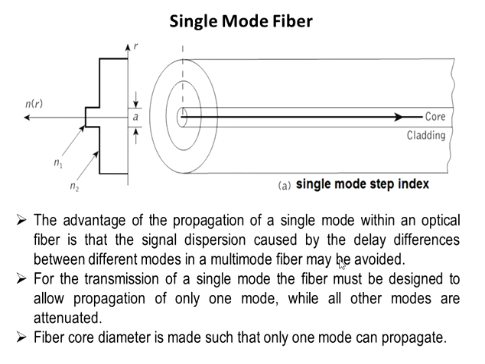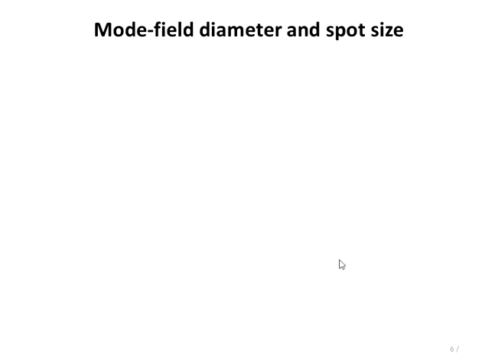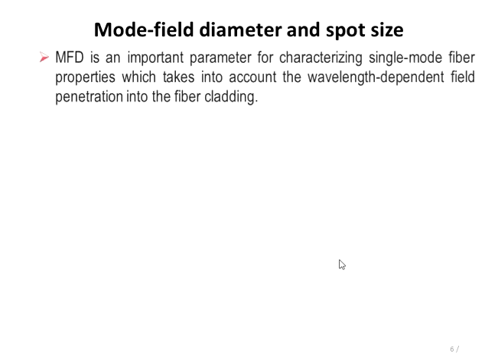Now the multimode fibers can be described in terms of the fiber core diameter and numerical aperture. But for single mode fiber, the distribution of light in the propagating mode is required in order to predict the performance characteristics of the single mode fiber.